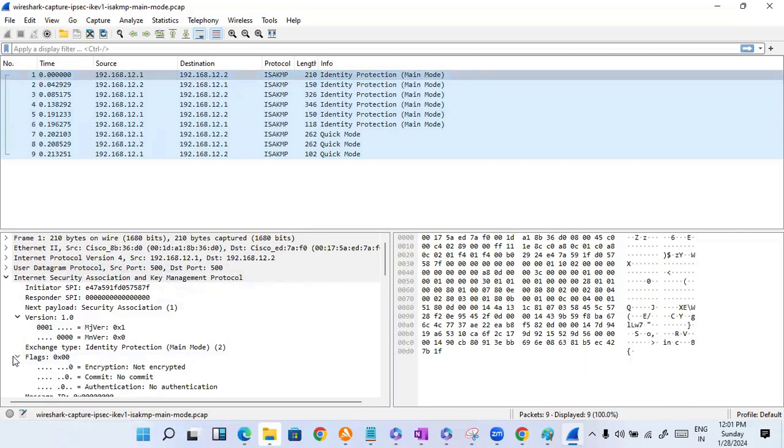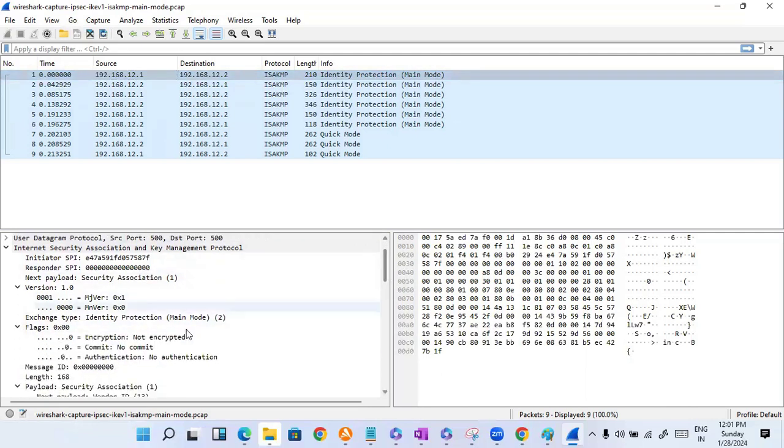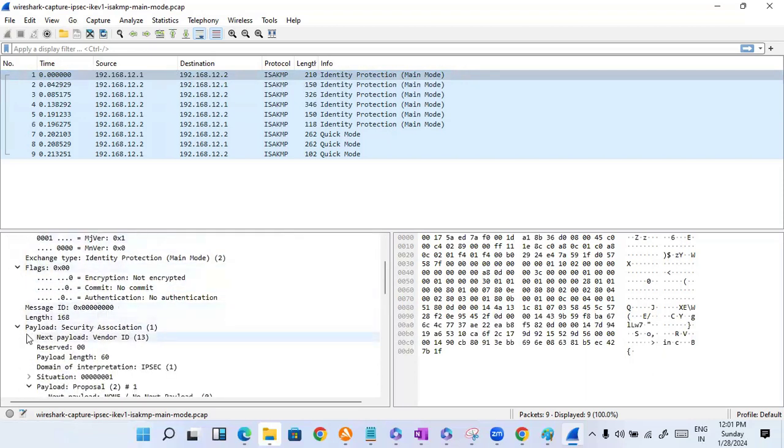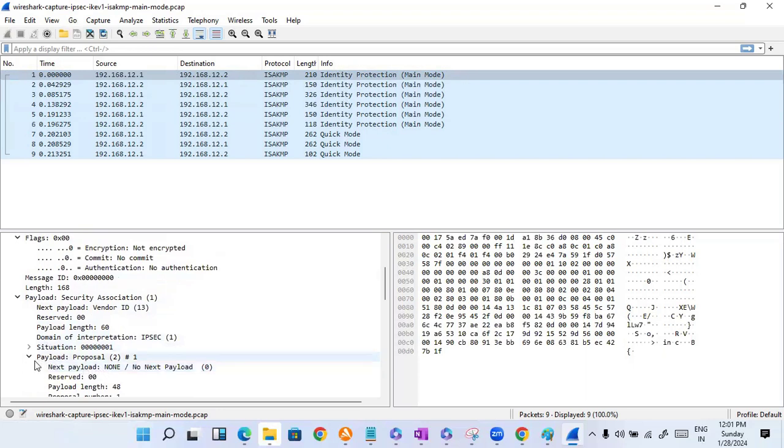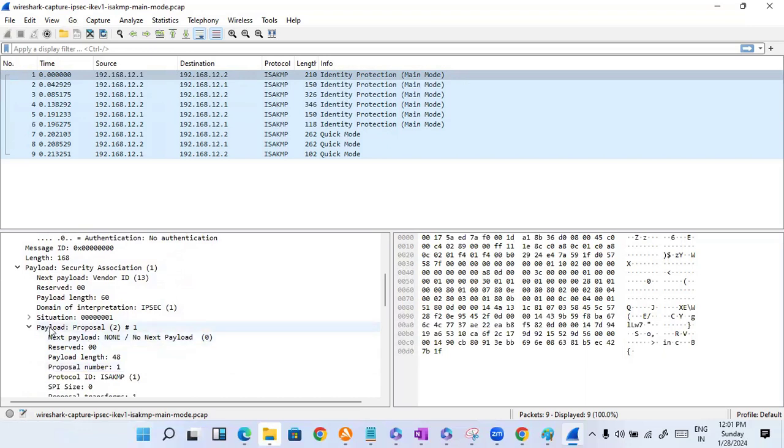Payload transform, no authenticated, next payload, next vendor ID, IPsec domain. So in this way, proposal two means whatever attributes the second peer will perform, this will accept.